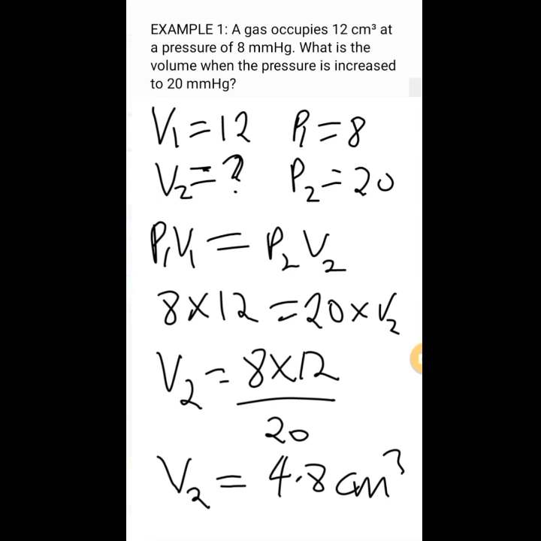As pressure increases, volume decreases. As volume increases, pressure decreases. From the above example, our V1 is 20 cm cube. Our P1 is 90 millimeter height of mercury. Our P2 is unknown, so you have a question mark.